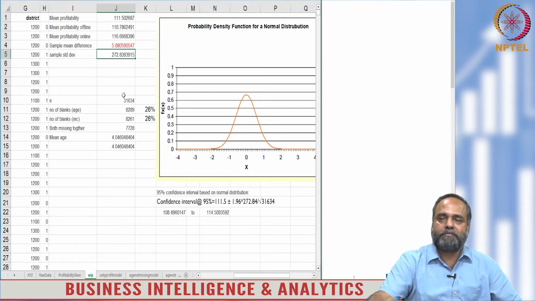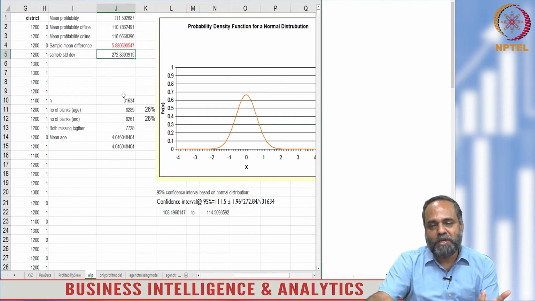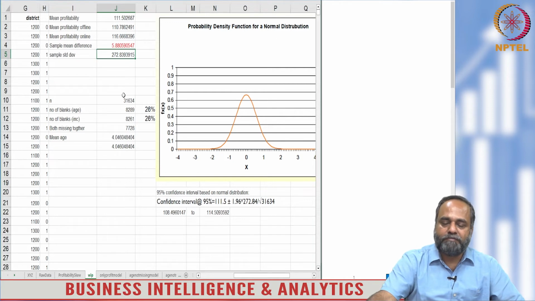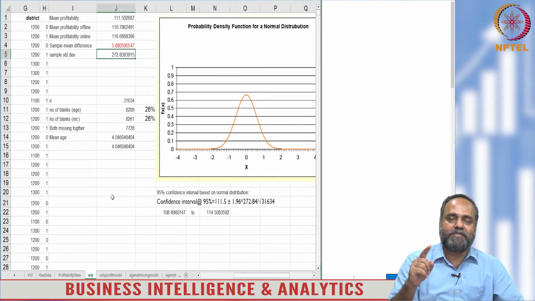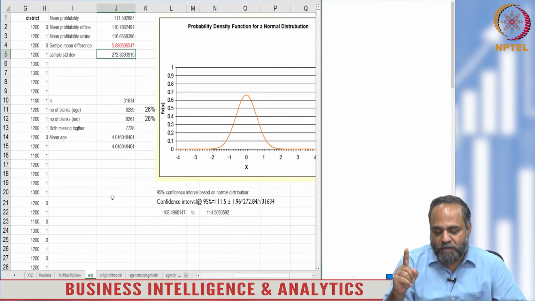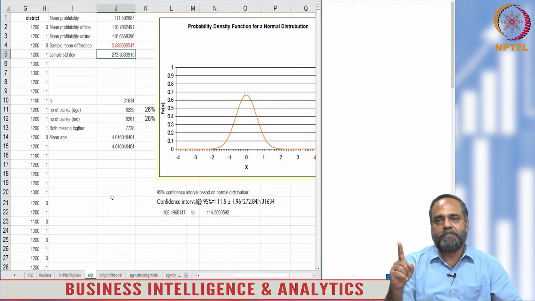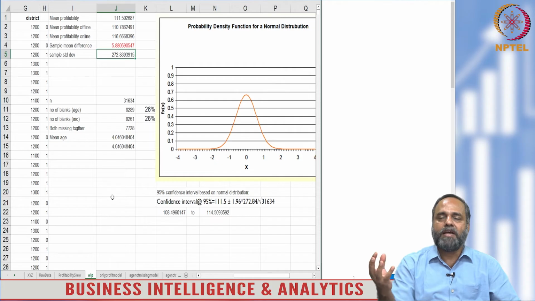What does that mean? That only means that for this given sample, the online customers are more profitable than offline customers. But is that enough? Well, that is a starting point. But what worries us as analysts at this point is, would this be the same for the population, or for the entire customer base?